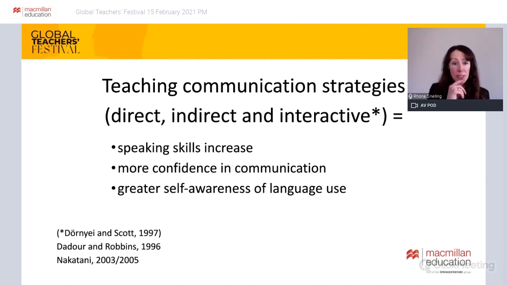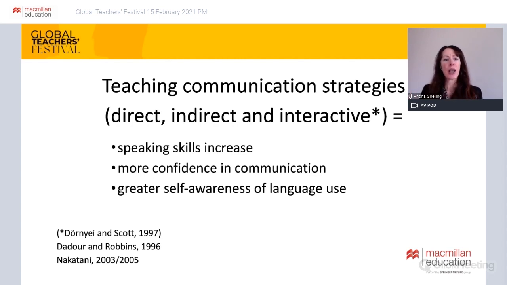In both of these studies, the students who received communication strategies practice and work were the best. On their test results at the end of each study, those students performed better. Both studies asked students to fill in either a questionnaire, for Dörnyei and Robbins, or a diary along the way, of how they used strategies throughout the course and how often.